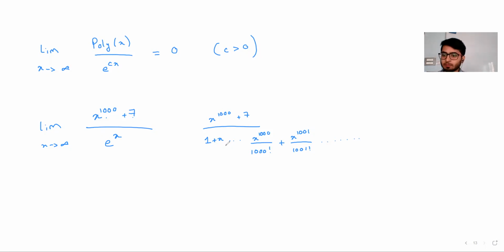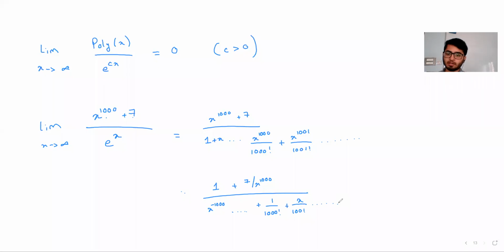Now I will divide by x to the power 1000 in both numerator and denominator. So the numerator will be 1 plus 7 divided by x to the power 1000. Here it will be x to the power minus 1000, and so on. The denominator will be 1 by 1000 factorial, plus the next term x by 1001 factorial, and so on.